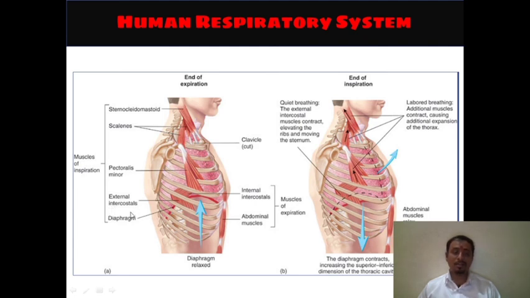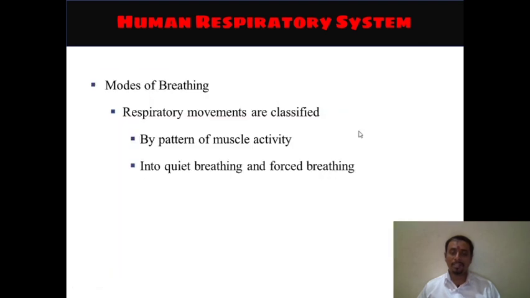Then external intercostals, and the diaphragm is also shown here, observable inside this rib cage in dark red color. Then pectoralis minor is shown here, scalenes are shown here, clavicle is shown here, which is cut. Then the same thing is shown here about the end of inspiration.